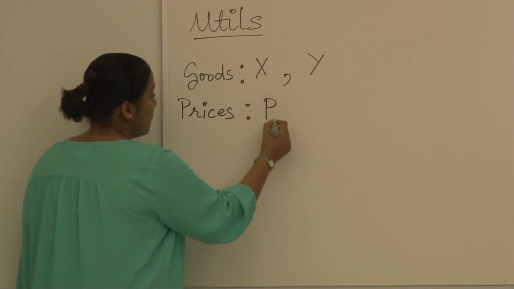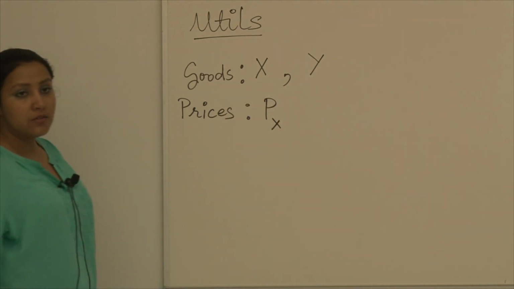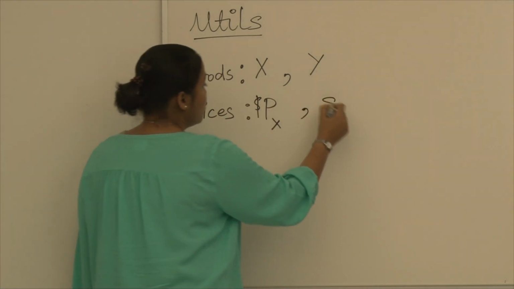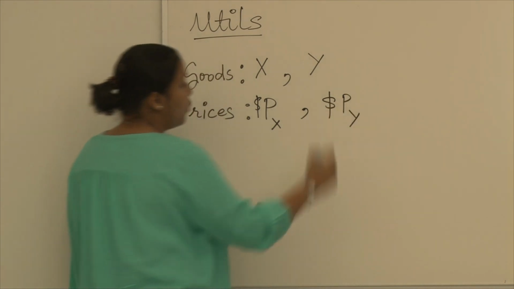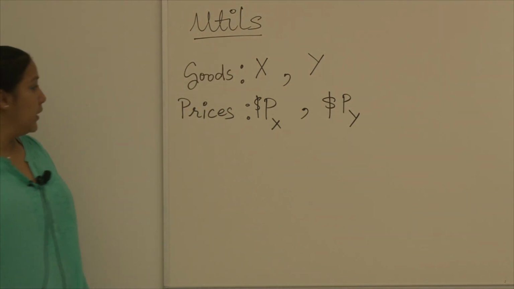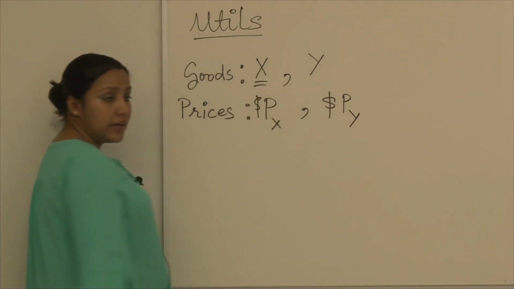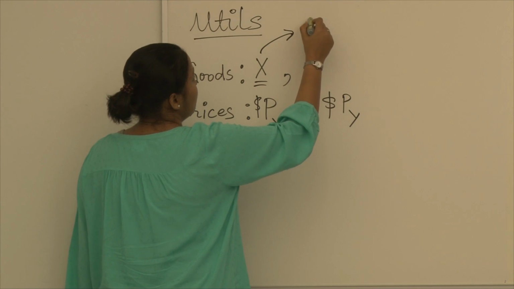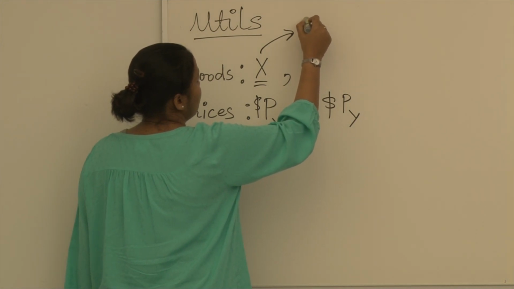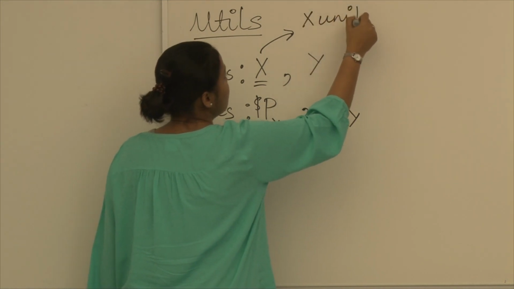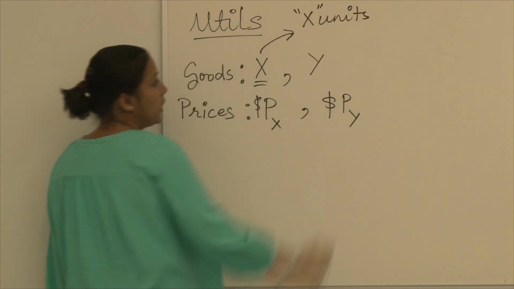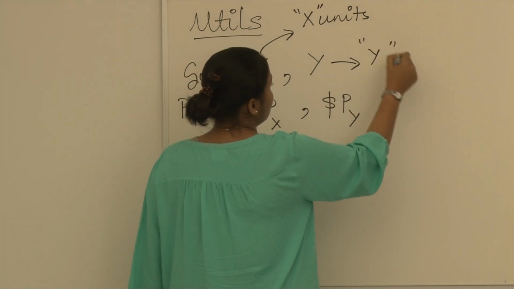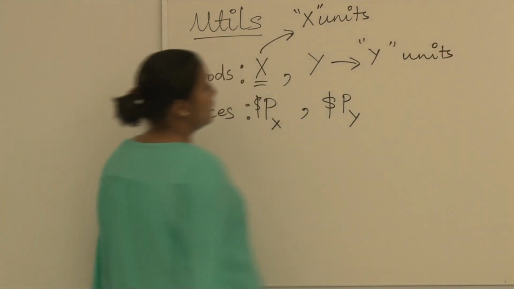Now, we have two goods and the prices of these two goods are given as Px. So, the price of good X is Px and that is a dollar value, and you have a price of good Y, let us call that Py, and that is a dollar value. Okay. And when I say goods X and Y, let me say that you buy x units of good X, so that is a numerical value, and the person buys y units of good Y. Okay.